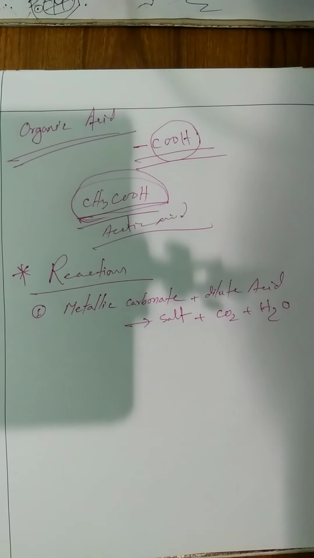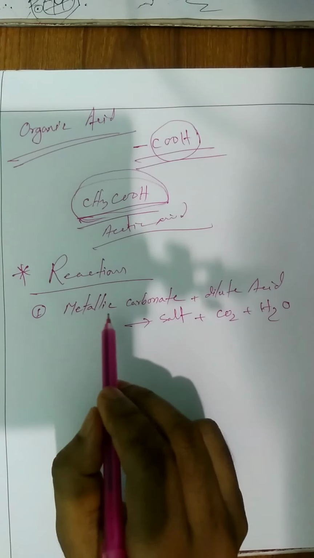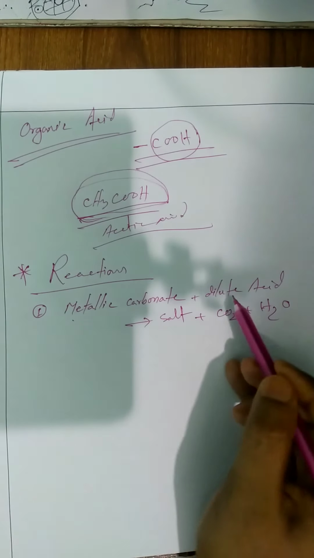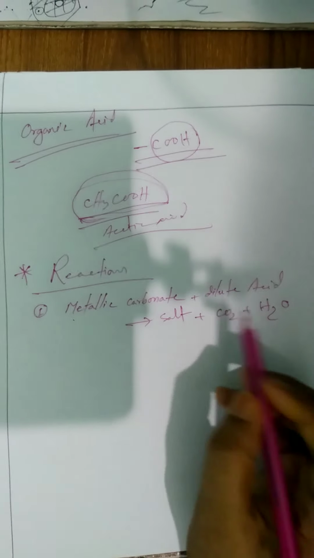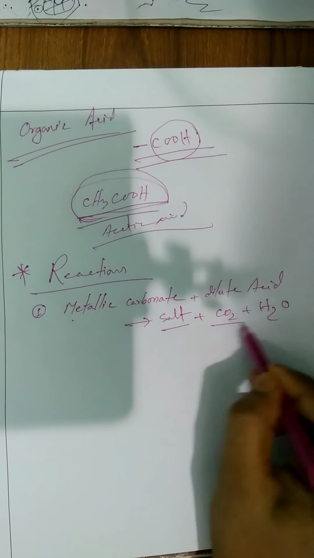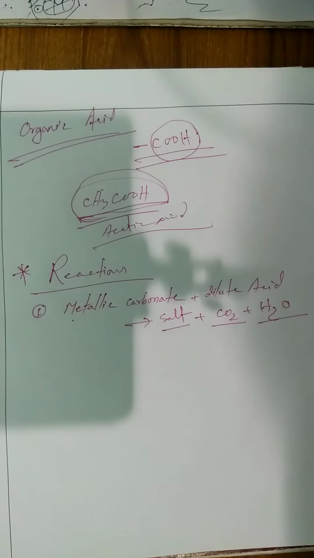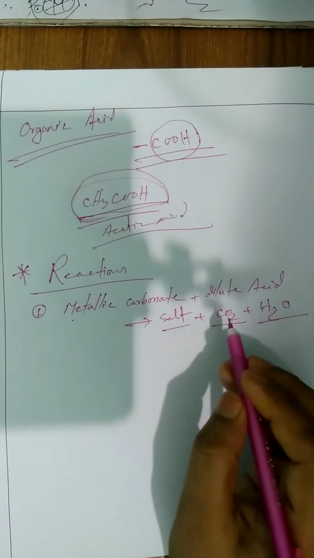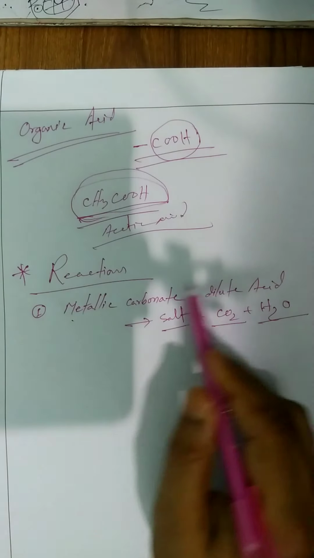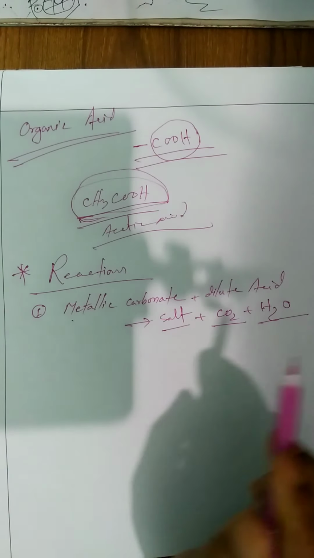This is the common formula of this reaction. That means whenever metallic carbonate reacts with dilute acid, then salt, carbon dioxide and H2O are formed. So this is the general formula of first rule.